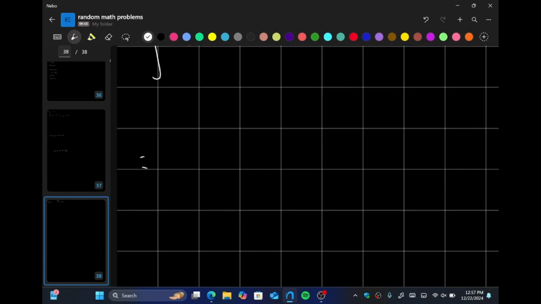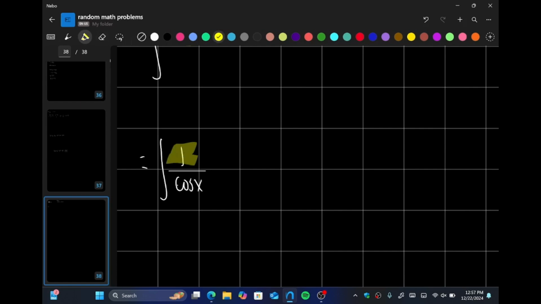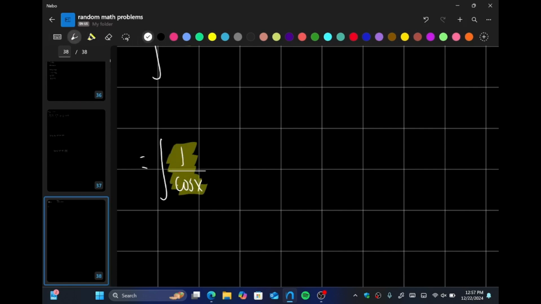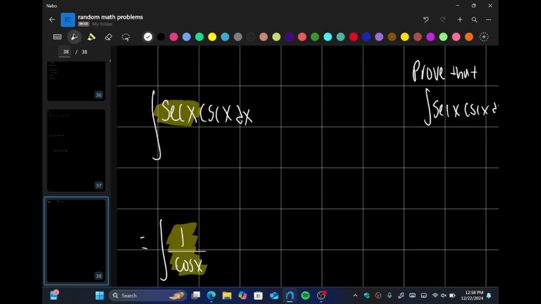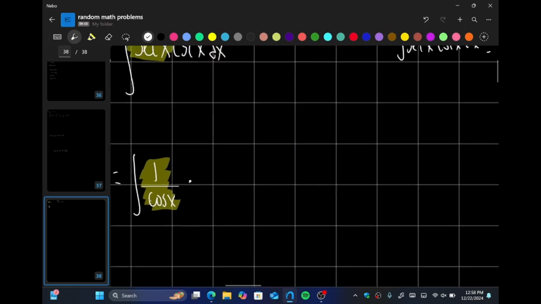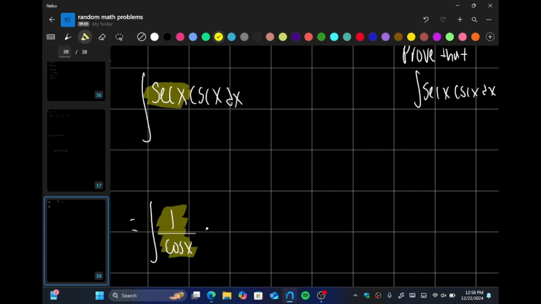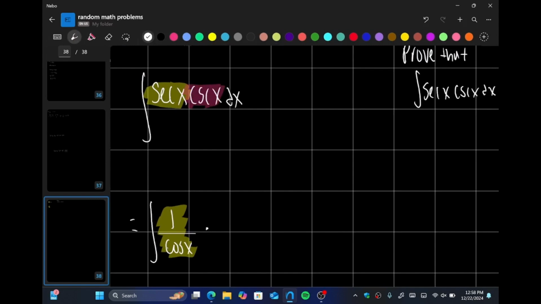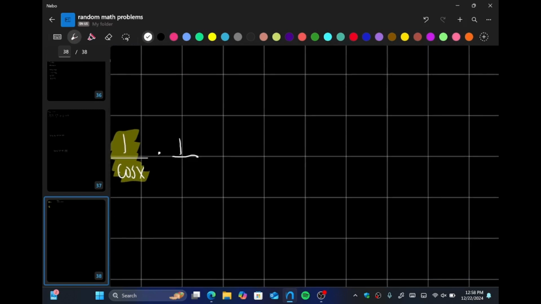This is going to equal the integral of 1 over cosine x, so that's the first part here, and then times cosecant x, which is 1 over sine x. So you kind of have to use your reciprocal identities here.